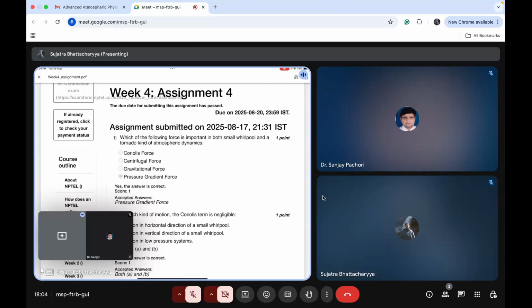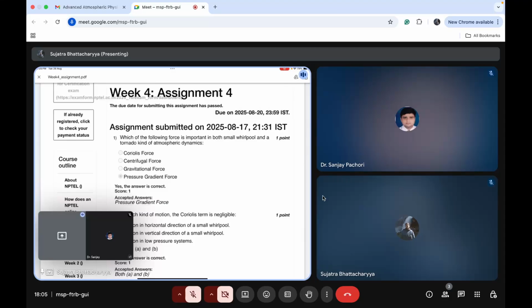We have discussed the spatial scale in the last couple of problem solving sessions. The only difference between a whirlpool or small scale system and a large scale system is the spatial scale. A small whirlpool happens in a smaller region. Similarly, a tornado compared to a tropical cyclone, or hurricane. So it is the scale which matters.